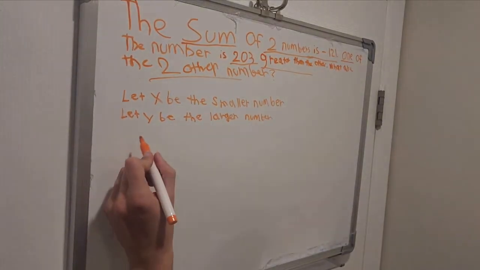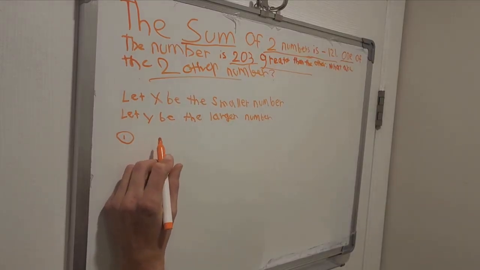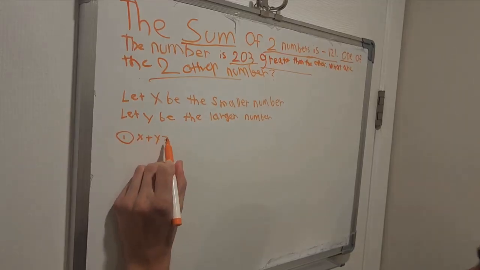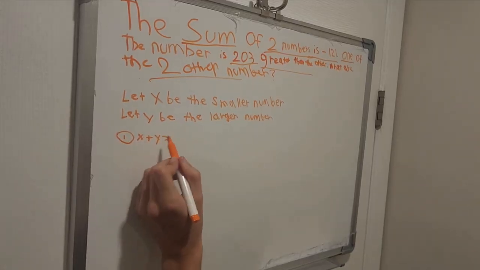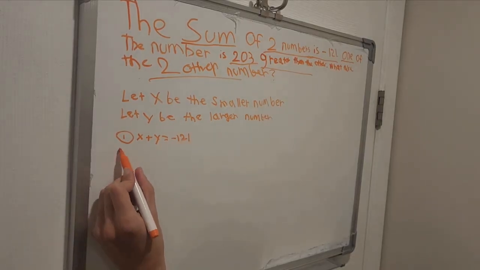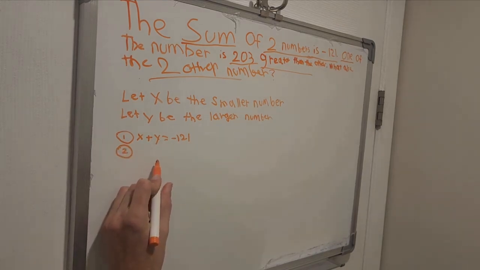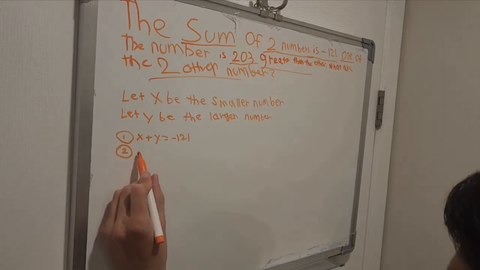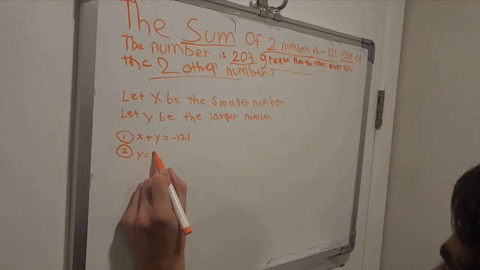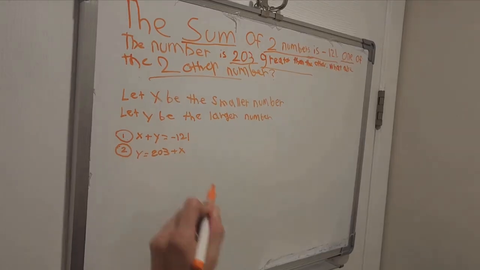So equation 1 can be x plus y equals negative 121. And let's make our second equation y equals 203 plus x.